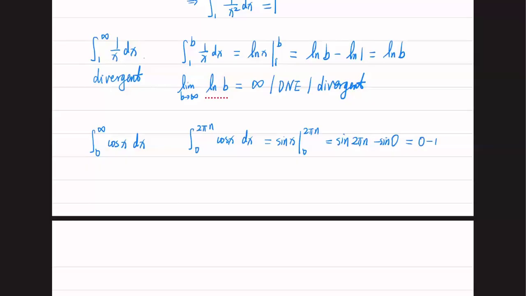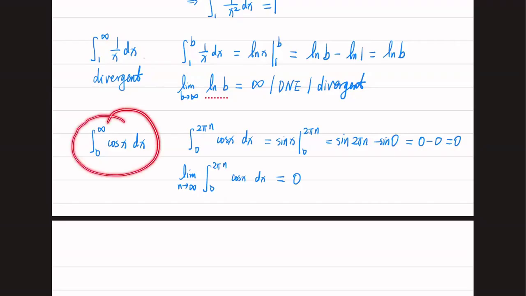So this will be 0 minus 0, which is 0, and the limit as n goes to infinity is 0. However, this does not imply the integral exists. The limit along a sequence existing does not guarantee the limit exists.